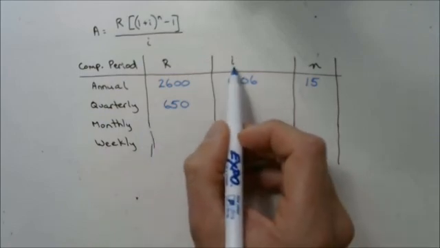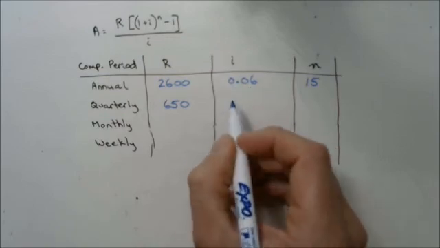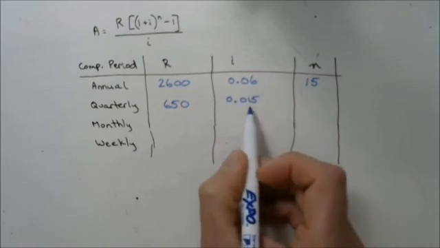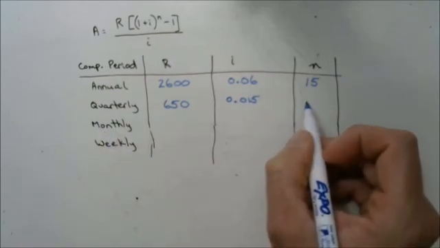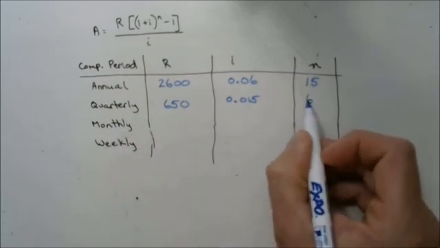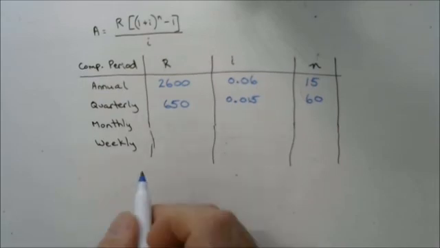Our interest rate needs to be the interest rate per compounding period, so we're going to take this amount and also divide that by 4. Gives us 0.015. That's 1.5% per quarter. And how many times is that going to happen? Well, now it's going to happen 15 years, 4 times a year, 60 compounding periods. Go ahead and use that in order to complete this chart. If you could just pause the video, press play when you're ready to double check your answers.